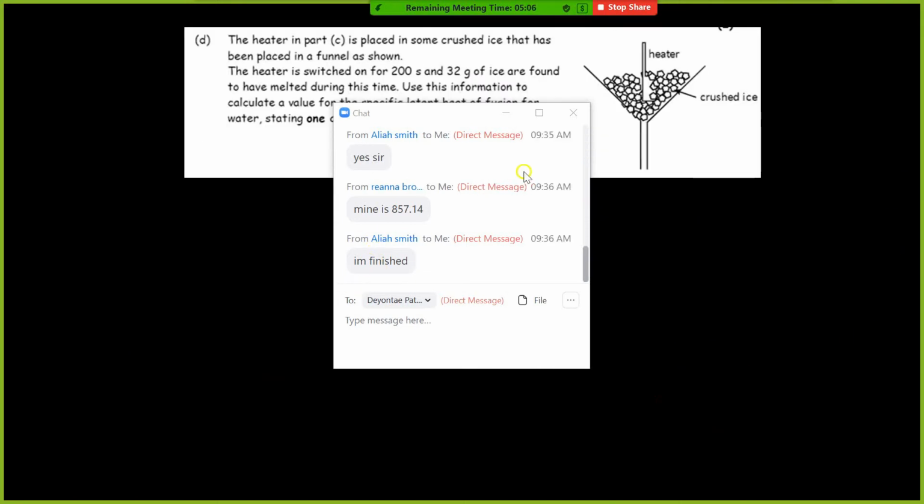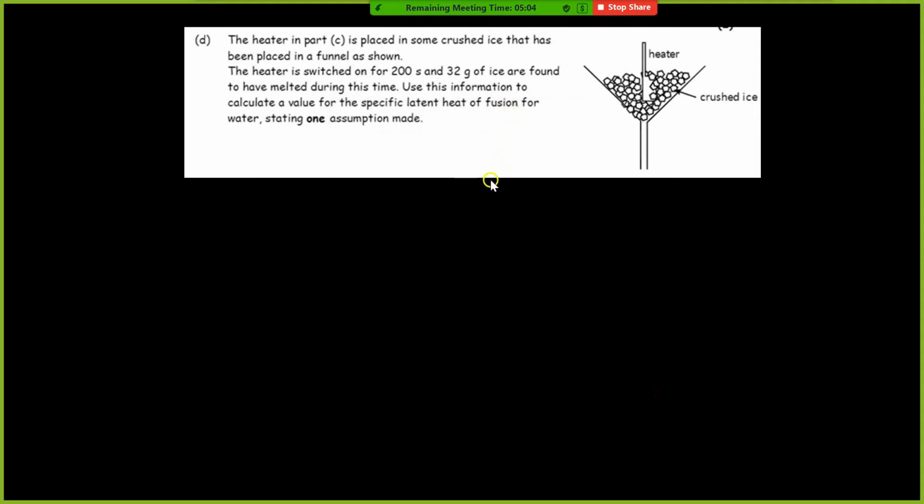Now, this question comes over to this point because sometimes the questions are related. You pull one thing and it comes over here. It says that the heater in part C is placed in some crushed ice that has been placed in a funnel as shown. The heater is switched on for 200 seconds and 32 grams of ice are found to be melted during this time.